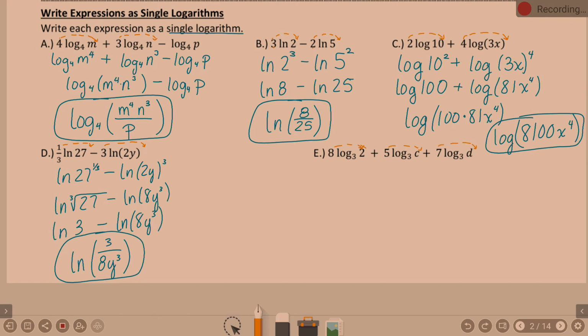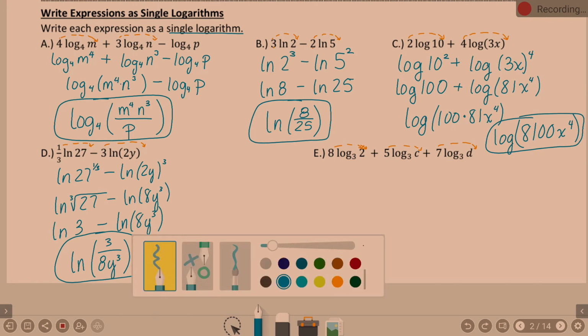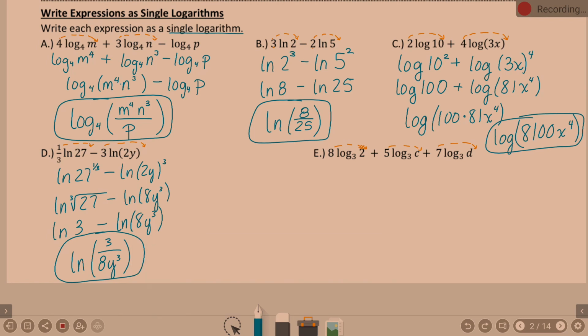Okay, so rewrite them. 8 log base 3 of 2 becomes log base 3 of 2 to the 8th. 5 log base 3 of c becomes log base 3 of c to the 5th plus log base 3 of d to the 7th. Okay. 3 logs being added.